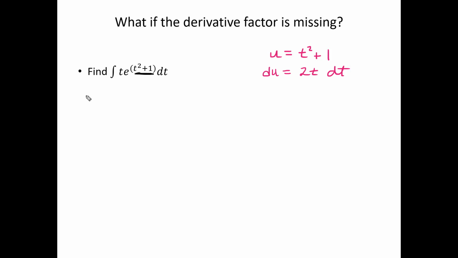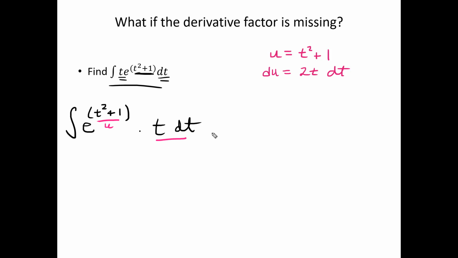Now, a lot of times I tell students to rewrite the order of your integral. So e to the t squared plus 1 times, notice that t right there, in dt. So times t dt. Well, we said that piece right there is du, and here we have a problem.